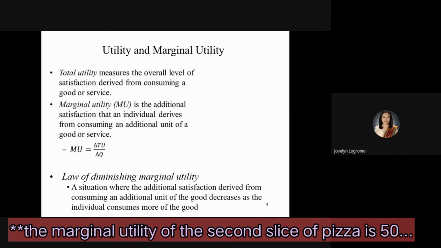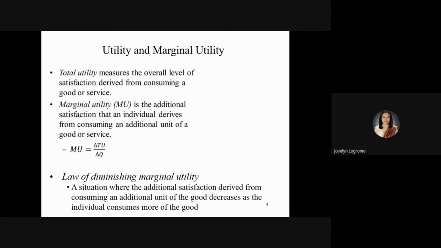So the marginal utility of the second slice of pizza is that's the additional utility from consuming the second slice of pizza. So all in all, ilan yung total utility? If we will add the first slice and the second slice, so 100 yung marginal utility sa first slice plus the marginal utility of the second slice. So the total utility is 150.